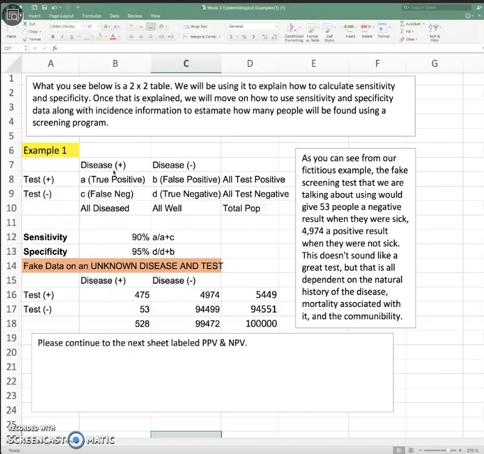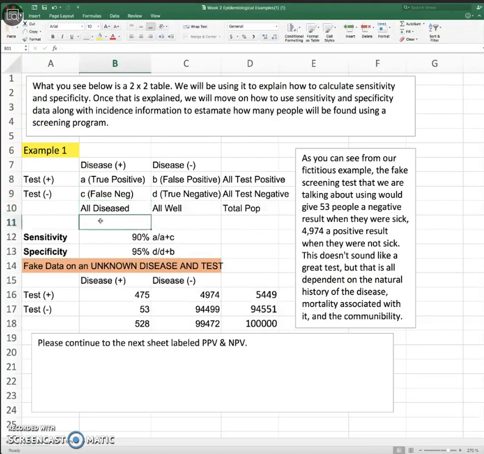First, let's orient you to a 2x2 table for this example. So here we have disease positive. Now this can be whatever disease you want: diabetes, HIV, influenza, whatever you want. When we add up everybody in this column, we get our all diseased.